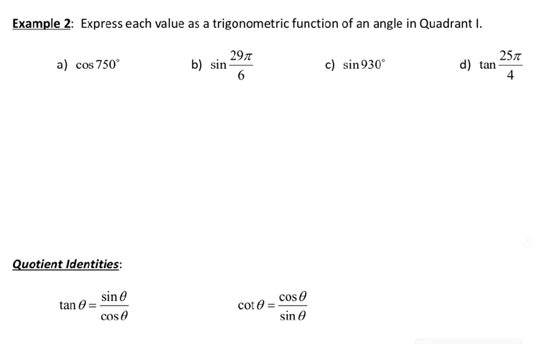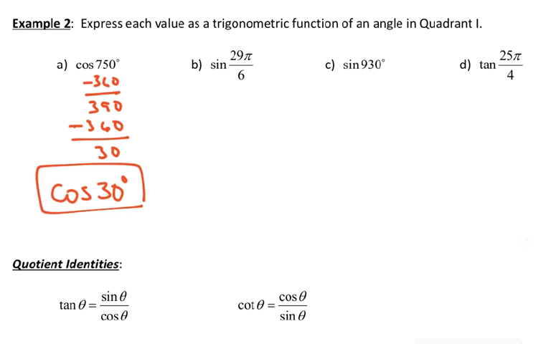So 750 minus 360 is 390. That's not in quadrant 1, so I subtract 360 again, and I get 30. So it turns out that this is the same as the cosine of 30 degrees because they're coterminal angles.